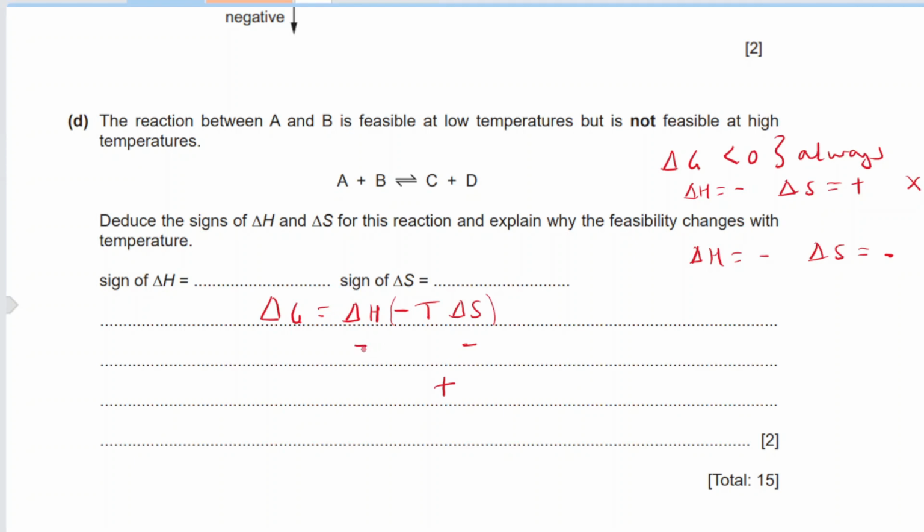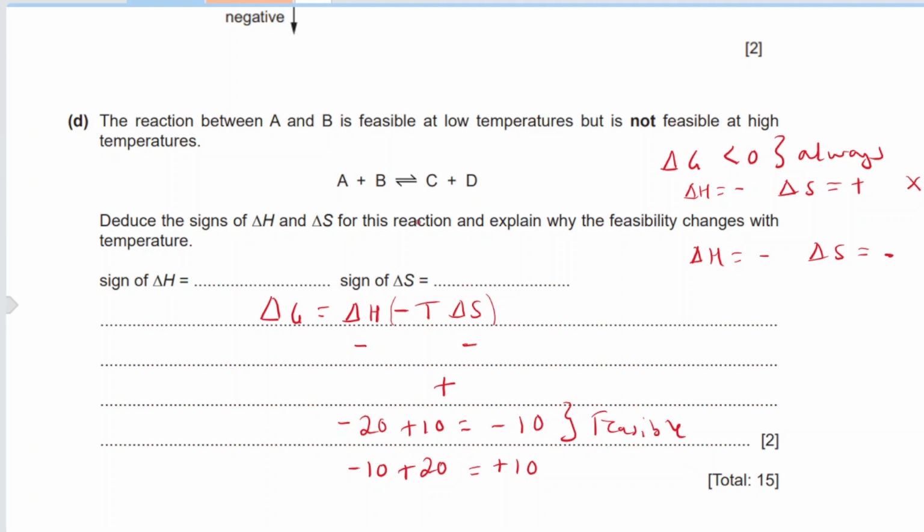If the negative value is bigger than the positive value, for example, negative 20 plus 10, then our delta G is negative. But if the positive value is bigger than the negative value, for example, negative 10 plus 20, we get positive 10. So when the negative value is bigger than the positive value, that's when our reaction is feasible. And when it's not, then it is not feasible.